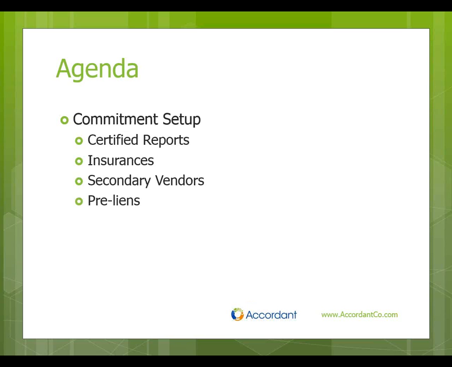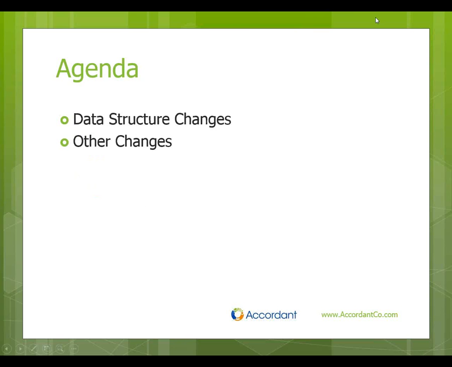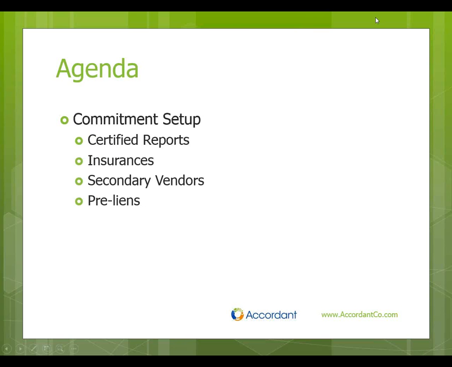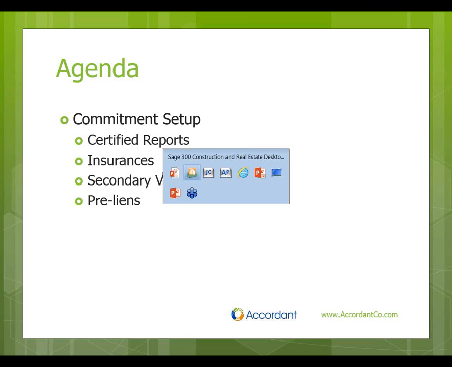And now we're going to talk a little bit about the commitment setup, where when you're setting up the commitment, you can tell the system if it's supposed to get certified reports, insurance information, if you need to set up any secondary vendors, and if you need to do lien waivers for that particular company or that particular job.